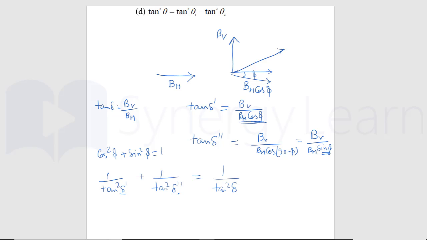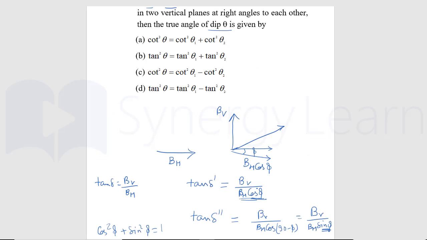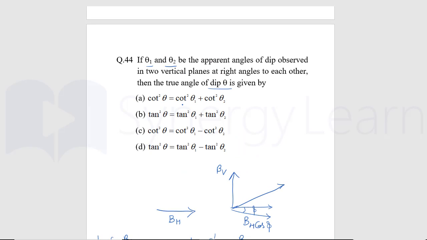In this question, delta has been replaced by theta 1, theta 2, and theta. So obviously when they reach the numerator, the relation is cot square theta 1 plus cot square theta 2 is equal to cot square theta. So the correct option is the first.